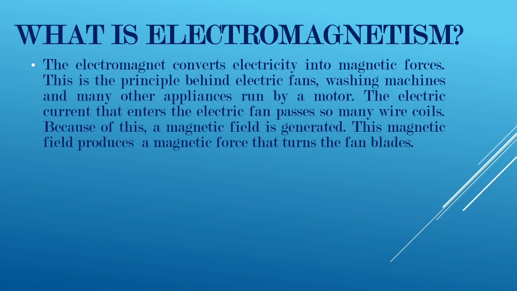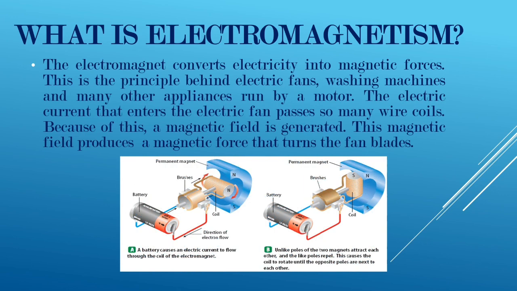Because of this, a magnetic field is generated. This magnetic field produces a magnetic force that turns the fan blades, and that is made possible because of electromagnetism. Again, the electromagnet converts electricity into magnetic forces.